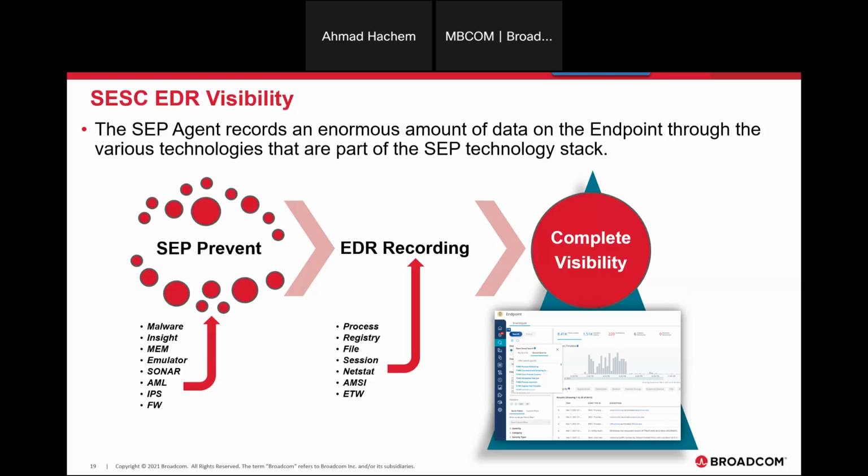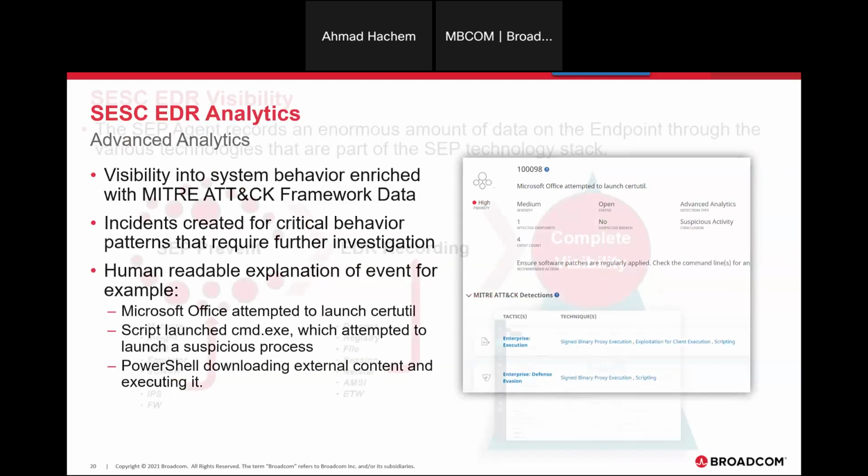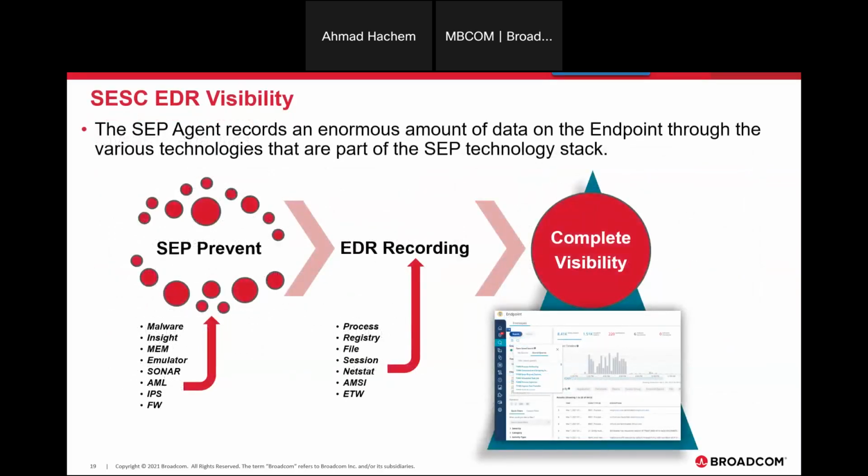For example, if the anti-malware policy is triggered by a malicious activity and a file was detected and blocked, Symantec EDR will correlate this triggered event with the relevant activity recorder events.